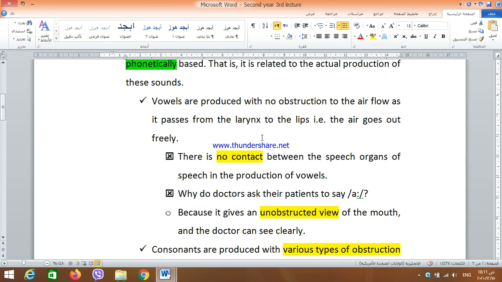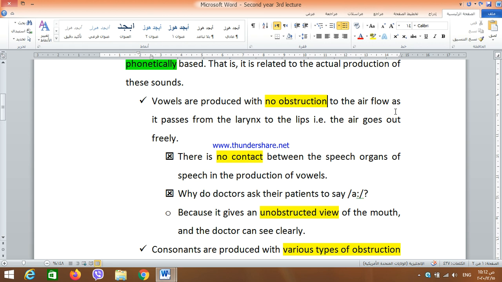Okay, now we say, phonetically speaking, vowels are produced with no obstruction to the airflow when it passes from the larynx to the lips. That's to say, the air goes out freely. Again, in the pronunciation of vowels, we don't feel an obstruction to the airflow.